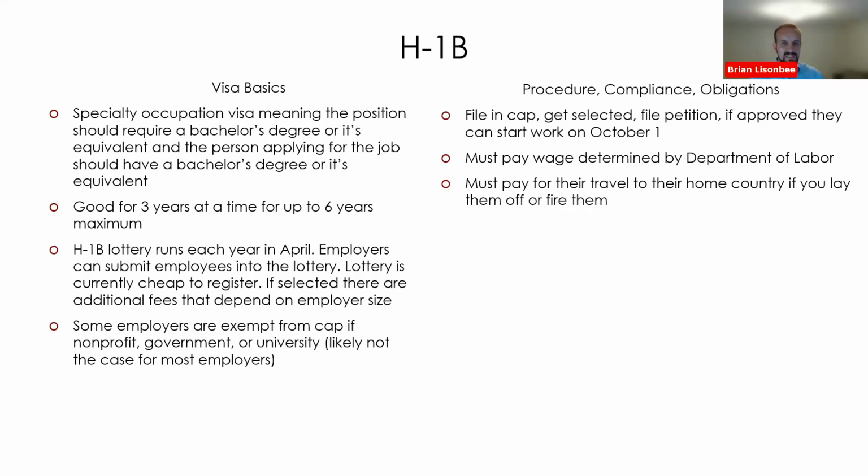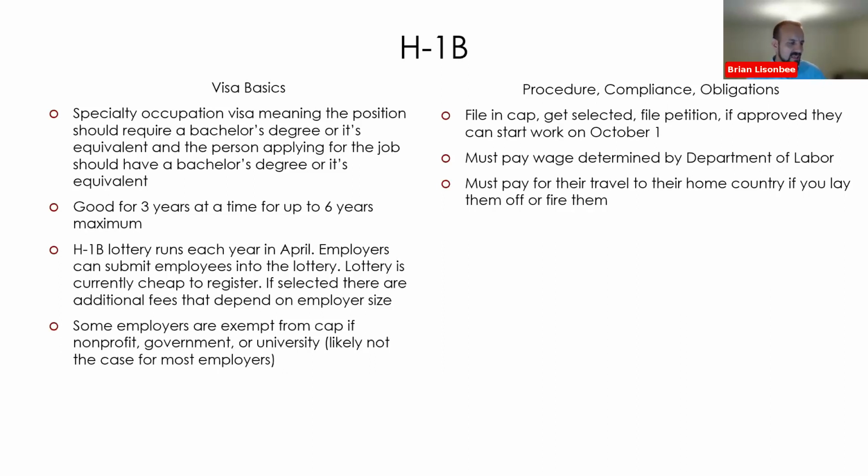If their petition is selected in the cap, then you file an I-129 petition. Depending on the size of your company, the fees for that can range somewhere between around $1,000 to around $2,400.